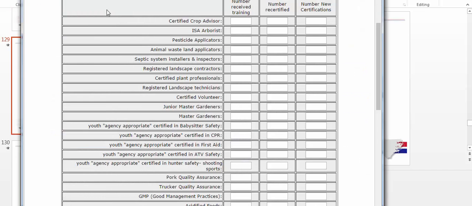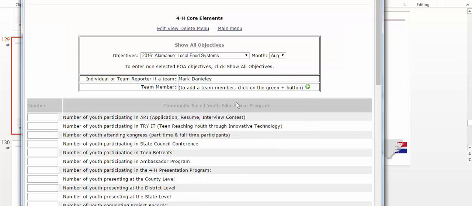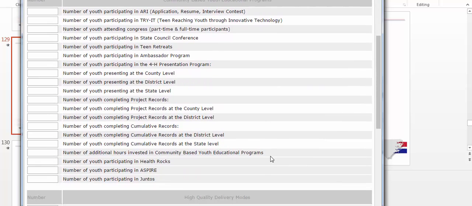Bring this others up because it's so difficult to see the little one there. 4-H core elements. You can see different programs, community-based youth educational programs. Number of youth that participate in the area, application, resume, interview.